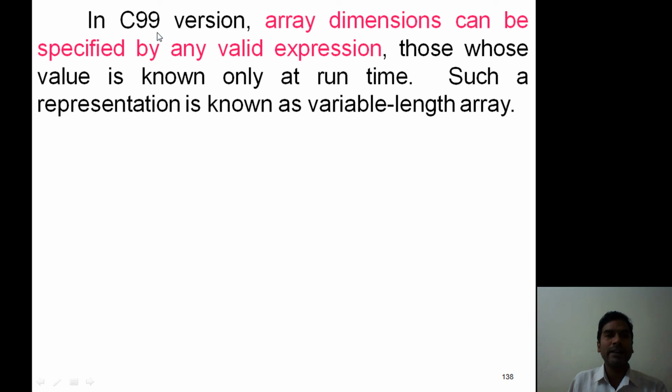It was introduced in C99 version. Here, array dimension can also be specified with a valid expression so that the expression value is possible to pass at runtime. Such a representation is known as variable length array.